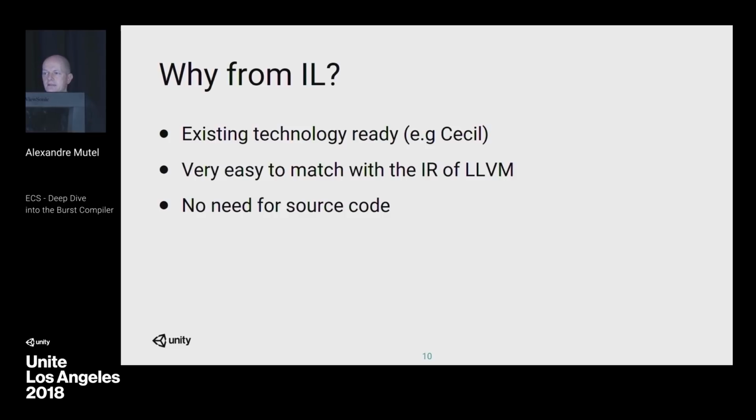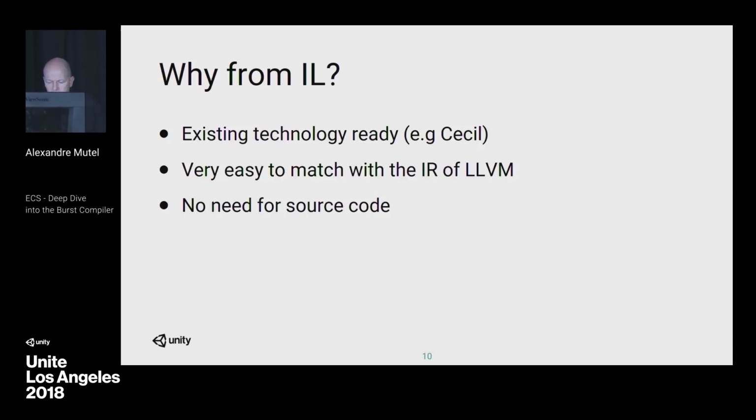The way we can access it is well-proven. For example, we can use Cecil, the same technology that is used by IL2CPP. We are working from this side because it's much easier, and we don't need the source code, for example.